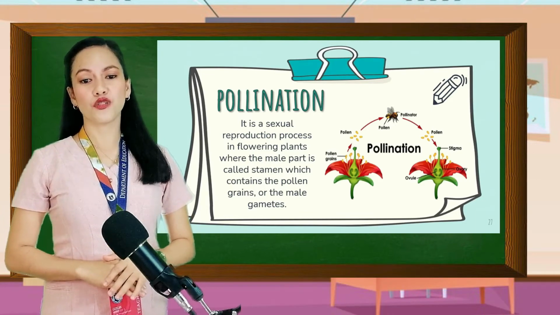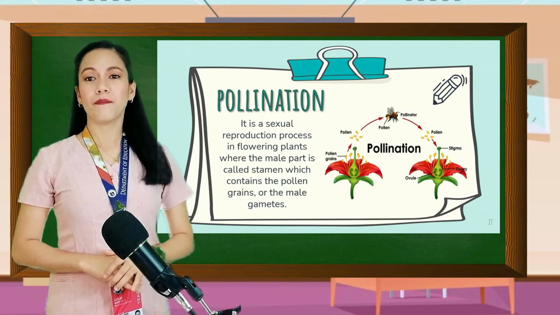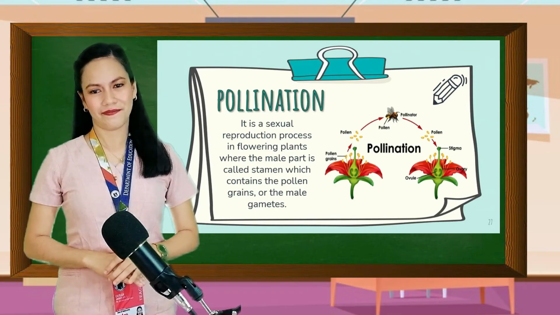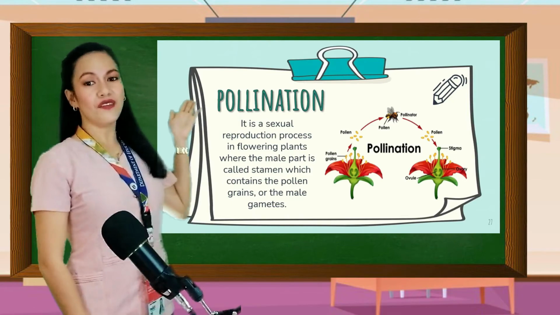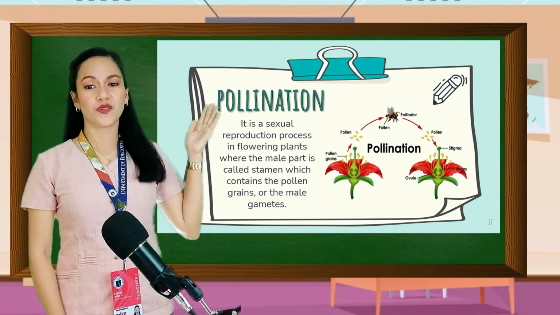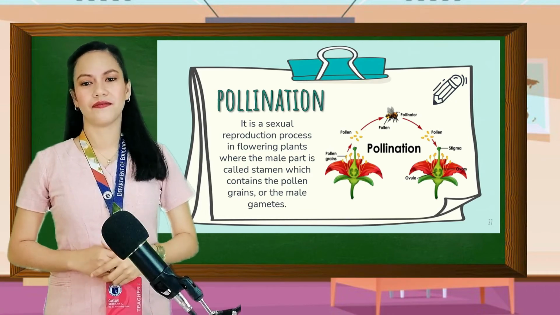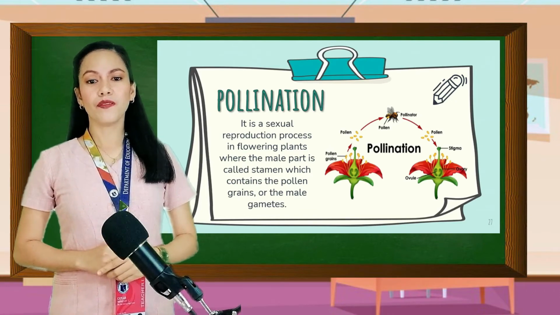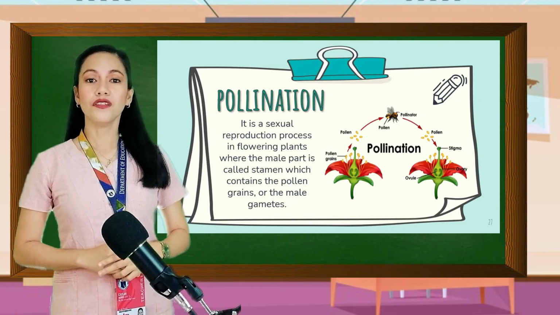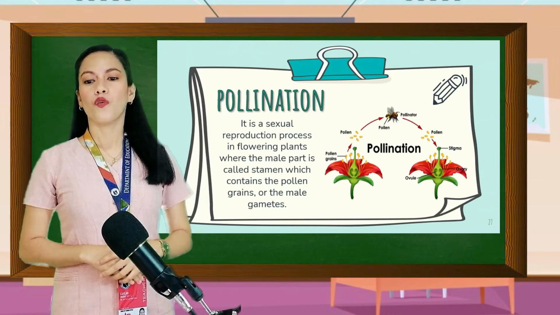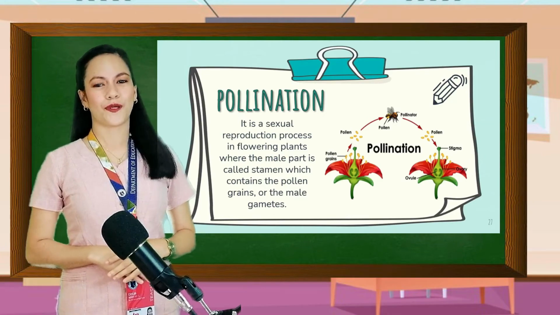Pollen then forms a tube that grows down through the pistil and reaches the ovule within the ovary. One of the nuclei in the pollen tube unites with the egg nucleus in the ovule and forms a zygote. The other sperm nucleus combines with the two nuclei of the two polar cells in the ovule, which develops into endosperm.